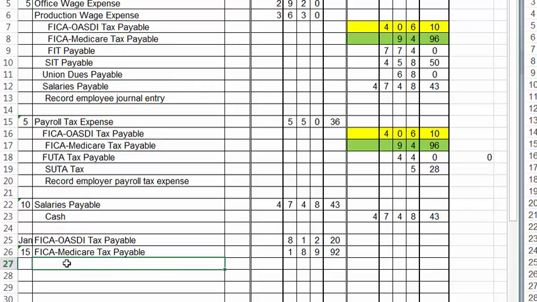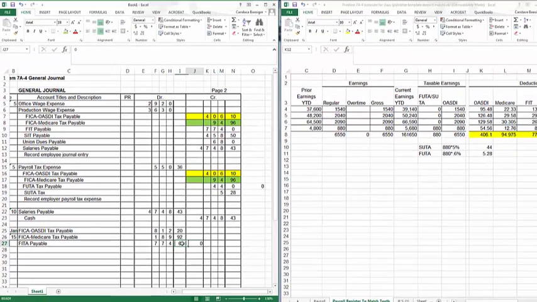Okay. And at the same time that I pay Social Security and Medicare to the IRS, I pay my FIT. But if you'll notice right here, there's only one FIT, so I just pick that number up. I don't double it. It's really tempting to double it because you're like, oh, I got it. Nope, nope, nope. Just add up what is there. Okay. And then that is it. That's all I pay in this one. The reason is I have to write a check to the IRS.